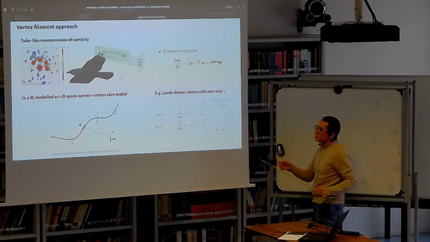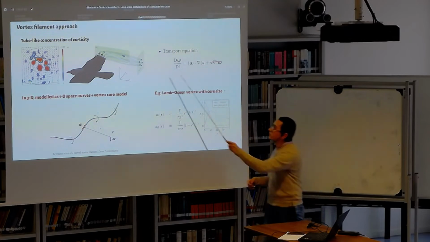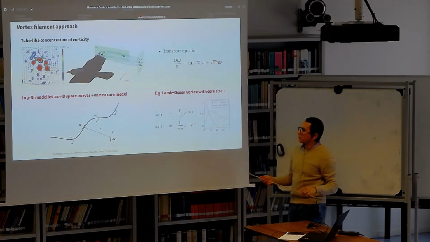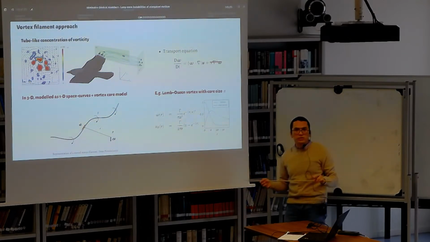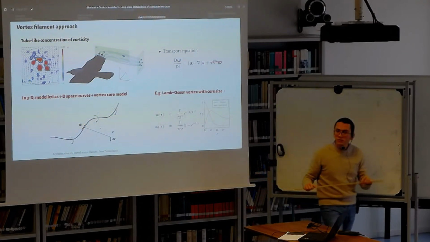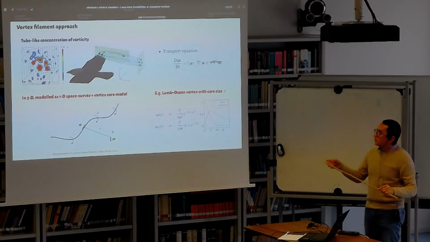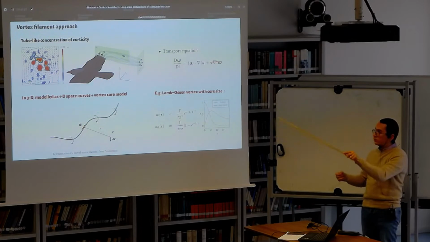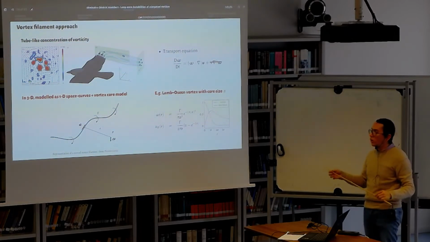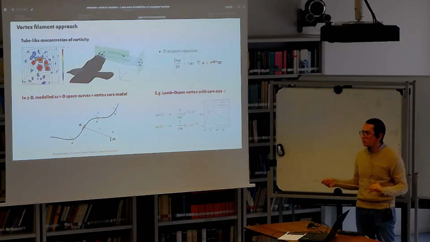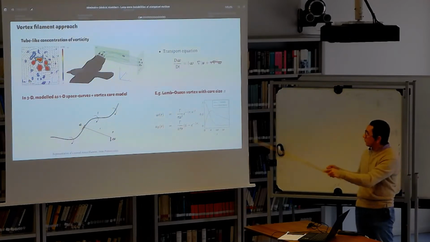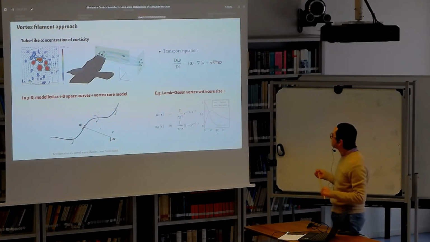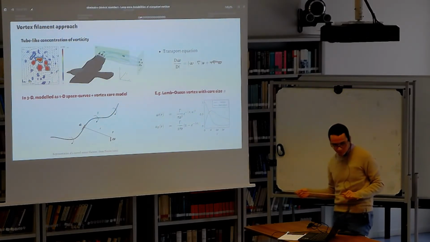In this type of models, we consider that all the vorticity is concentrated along these thin filaments, which behave as one-dimensional curves embedded in space, so that the vortex can be described by the position of this filament and by some model of what's going on inside the vortex. In our case, we use a Gaussian vortex.